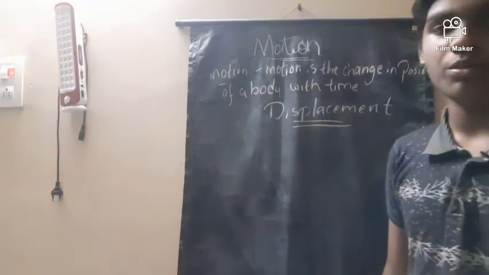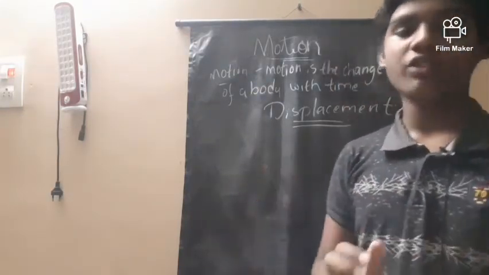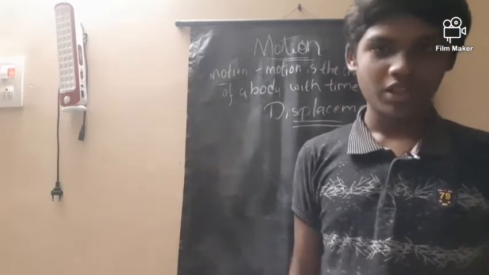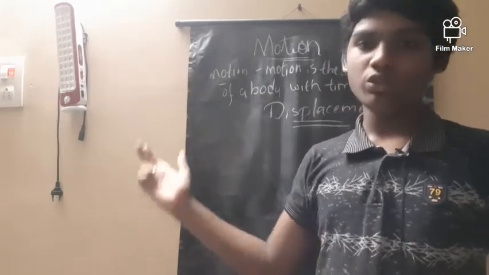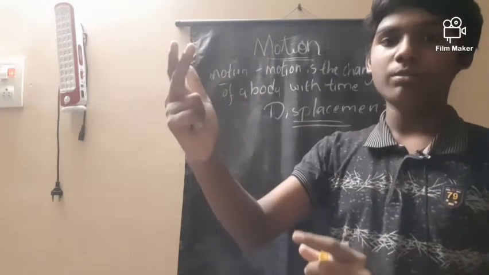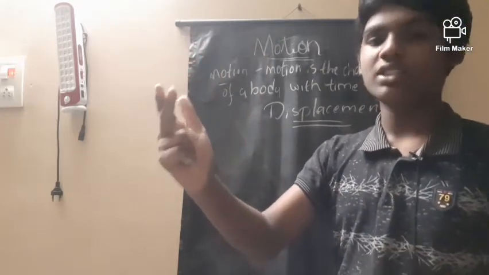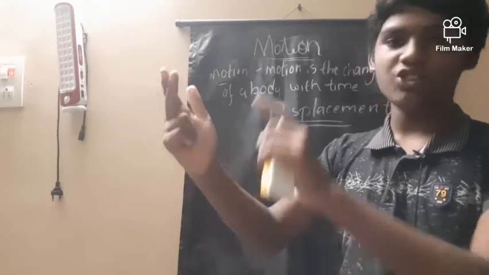Let us take an example of a ball. A ball is in hand and we are trying to spin the ball, which is then released. The time when the ball is in hand only, that is the starting position, the initial position.